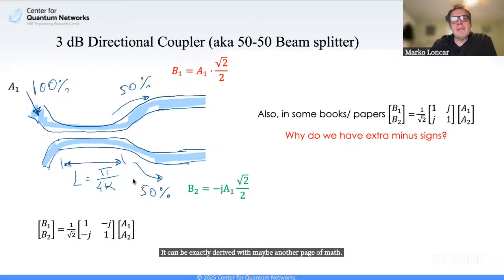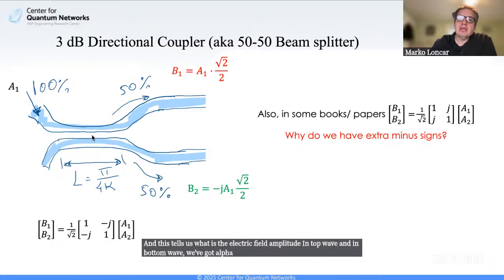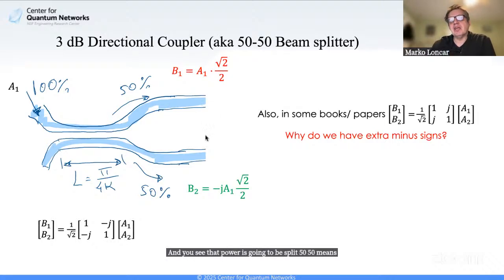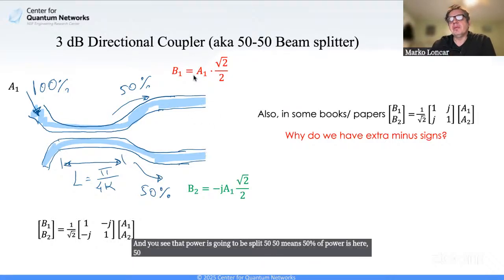And this tells us the electric field amplitude in the top waveguide and bottom waveguide after the splitter, okay? And you see that power is going to be split. 50-50 means 50% of power is here, 50% of power is there, which means the amplitude is related to square root of 2 over 2.